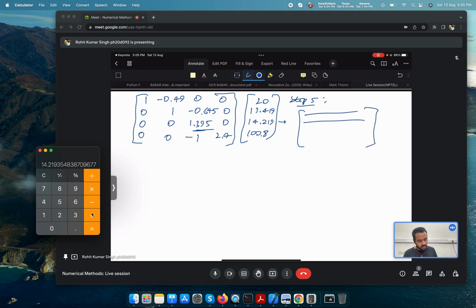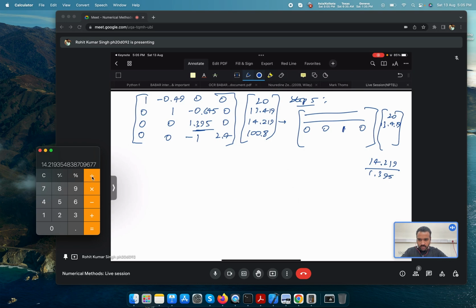Let's keep the upper rows the same. Here you will have 0 0 1 0, and on the B side you will have 20, 13.419, and you have to divide 14.219 by 1.395. Let's quickly do that.